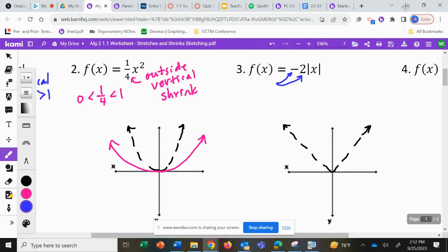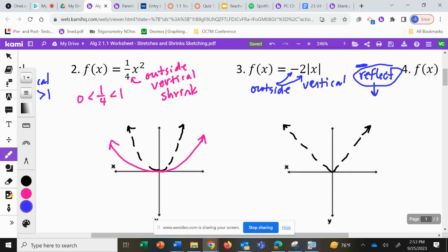So they're both vertical. I keep saying both because the negative sign and the 2 are 2 different things. What does the negative do? I'm going to use the word reflect because that's the word we're going to start using. But since it's vertical, we're going to reflect it down.